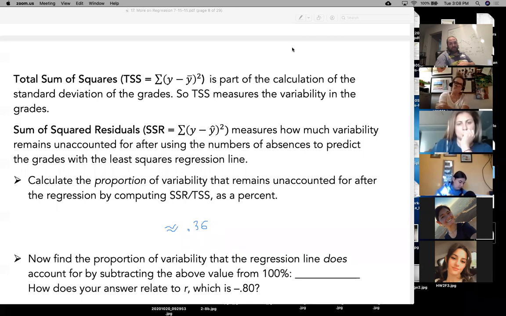The answer is 64%. The regression line accounts for 64% of the variability. That is the R squared value. The SSR over the TSS is the remaining 36%. Does that make sense?